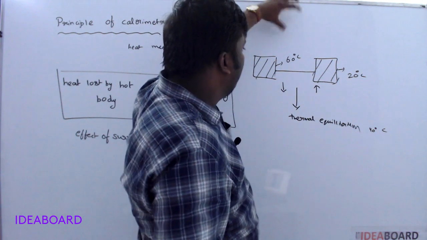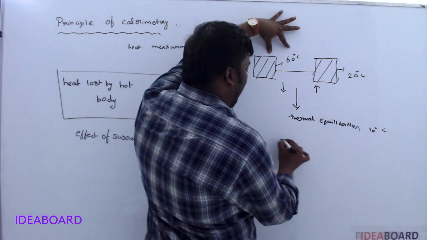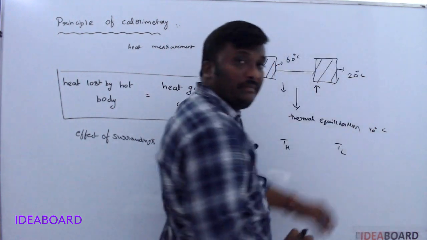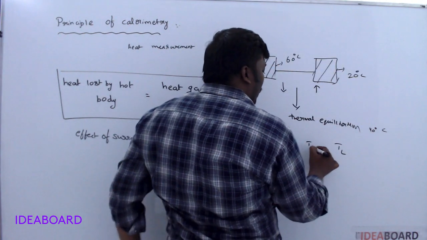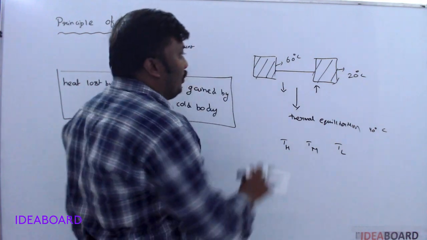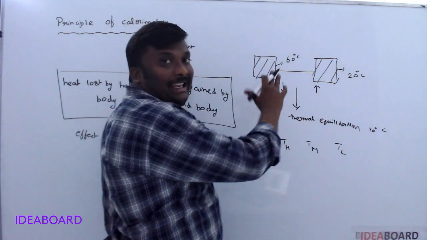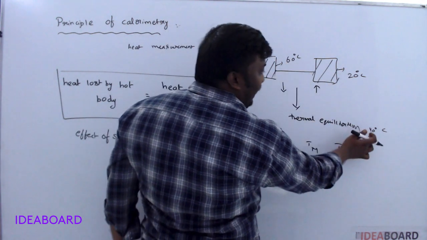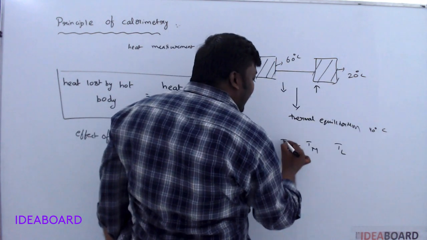This is the higher temperature, this is the lower temperature, and this is the temperature of the mixture. For the hot body, the temperature goes from 60 to 40, so you make 60 minus 40.